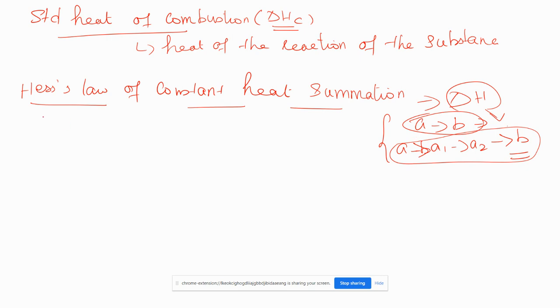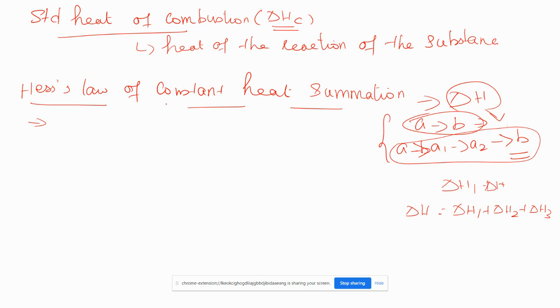As per this law, the heats of reactions can be added or subtracted to get the final equation. That means if you have del H1, del H2, del H3, then del H can be written as del H1 plus del H2 plus del H3. This is what Hess's law of constant heat summation explains.